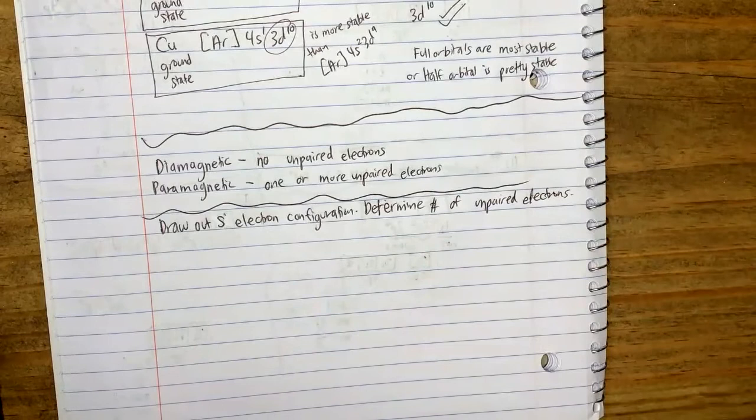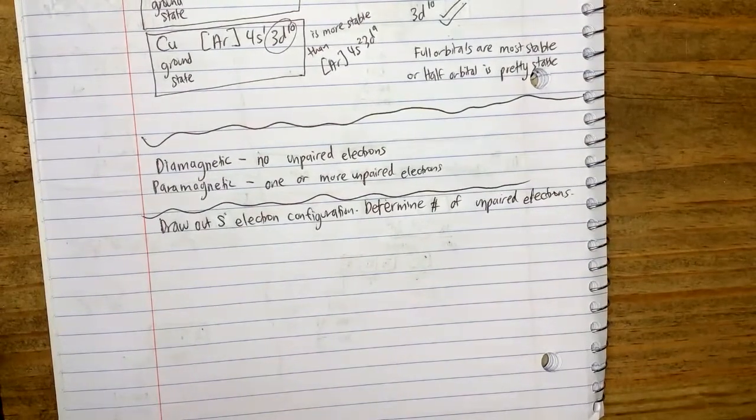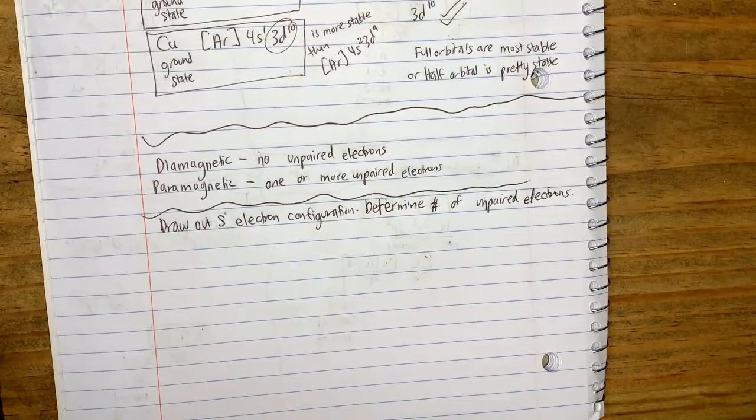So a lot of times when we want to look at paramagnetic, people always think, oh, if it's even numbers, it's going to be paired. If it's uneven, like odd numbers, it will be unpaired, right? Actually, that's not true, because remember, we're doing spin up, up, up, down, down, down. So that doesn't always stay true.